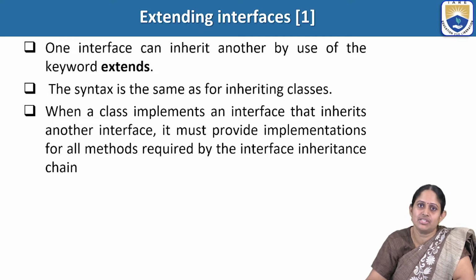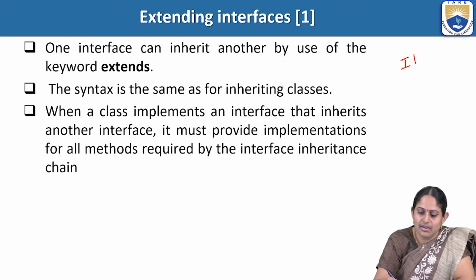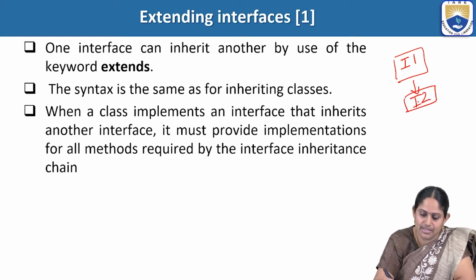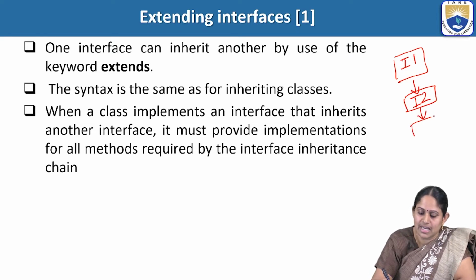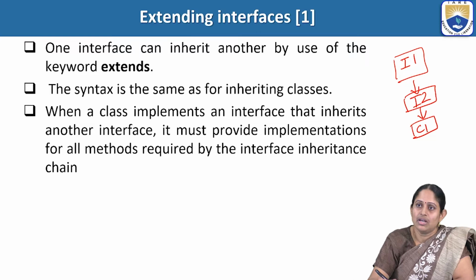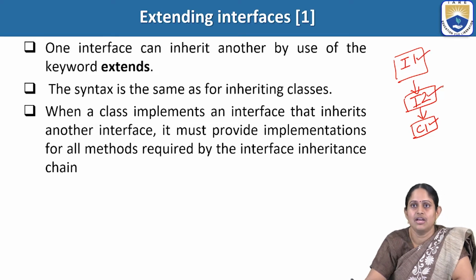Now, when a class implements an interface which is being inherited, for example, we have interface 1, and from interface 1 we have interface 2, which is inherited from interface 1. This interface 2 is implemented by a class, say C1. So the class C1 should implement all the methods available in interface 1 as well as interface 2.